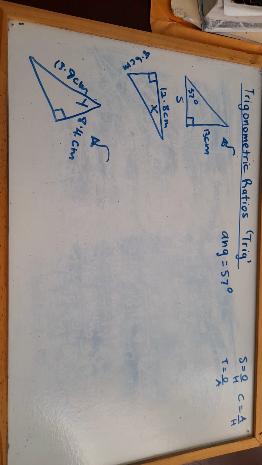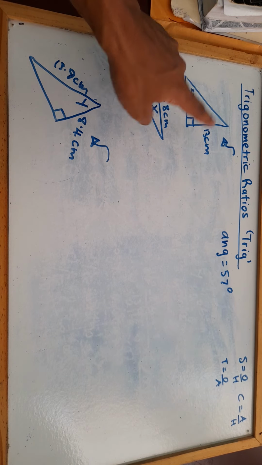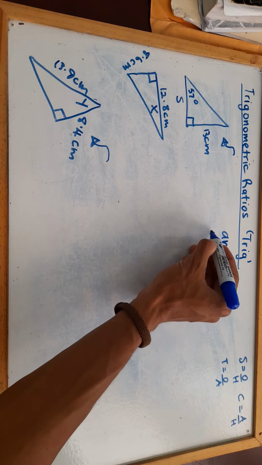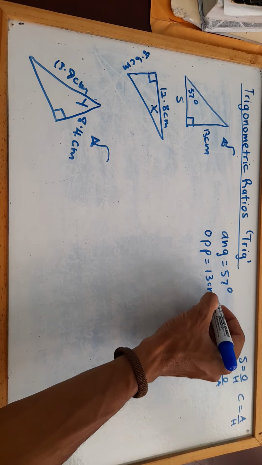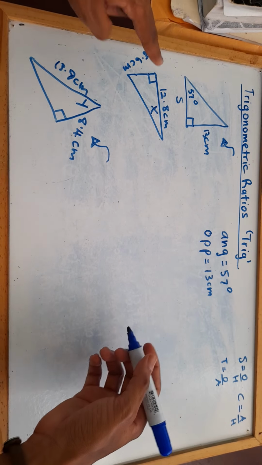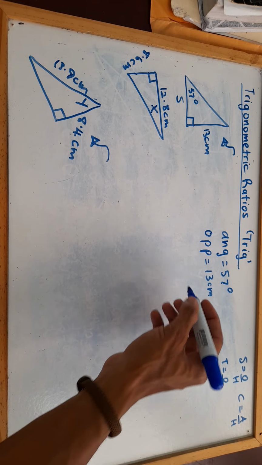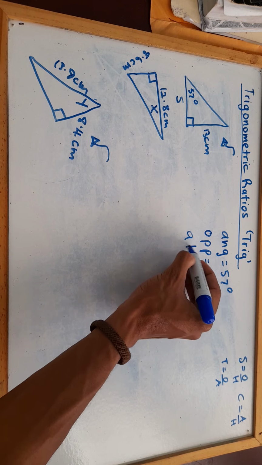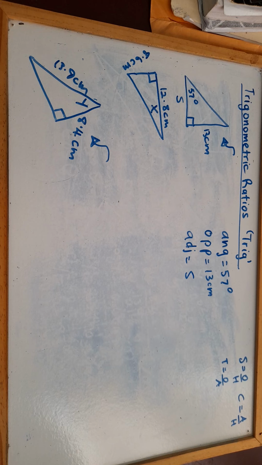You have to observe the triangle first. So we have our 57. We have a side opposite of 57. So we know that we have our opposite side 13 cm and the S. I know it looks like 5, but our adjacent side is equal to S.